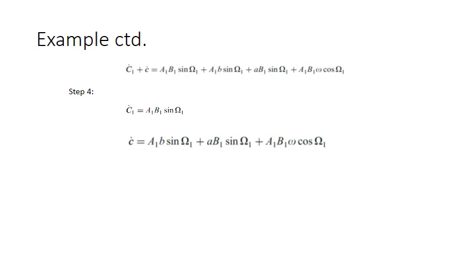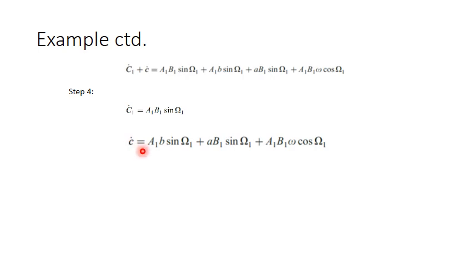So when substituting with the steady state conditions, which are C1 and A1 and B1 and omega 1, in this equation, we can cancel out C1 with A1 times B1 sine omega 1 because they are equal. So we can cancel them out from the perturbed equation to get the linearized differential equation to be as follows.